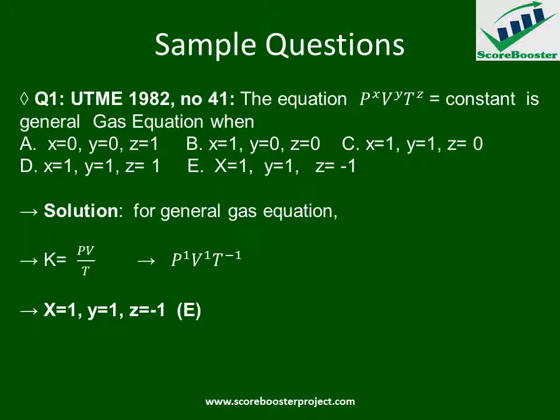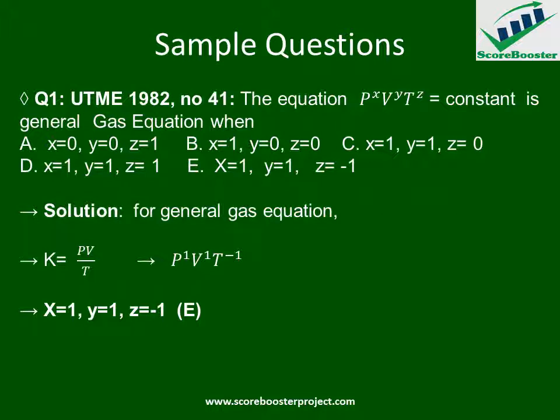Therefore, our K can be expressed as P raised to power 1, V raised to power 1, then T raised to power -1. And if we compare this with the given options, it will make option E the correct answer, which is x equals 1, y equals 1, z equals -1.